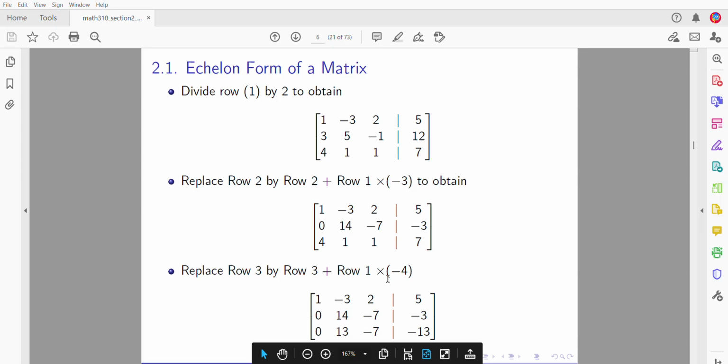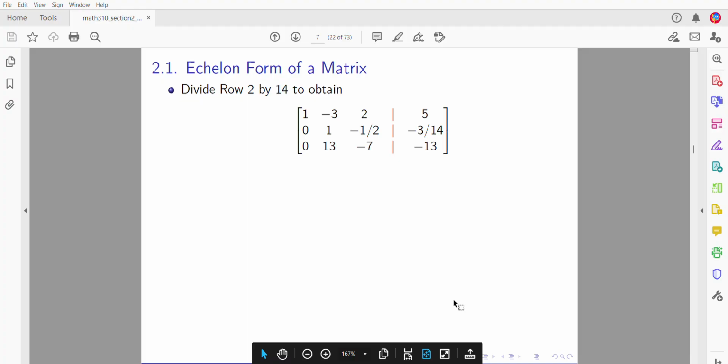Same story, -4 times 1 plus 4 is 0. -4 times -3 is +12 plus 1 is 13. -4 times 2, -8 plus 1, -7. -4 times 5, -20 plus 7 is -13. So you had a 1 here and zeros below. Now you need a 1 over here.